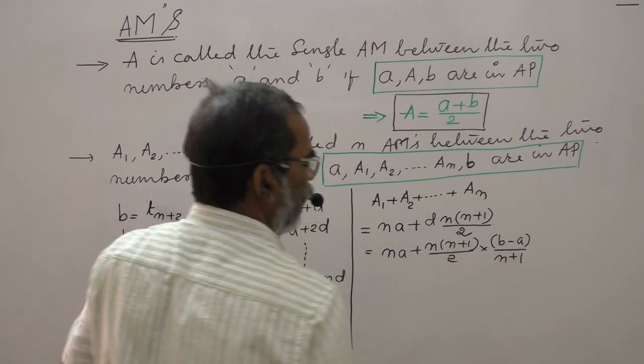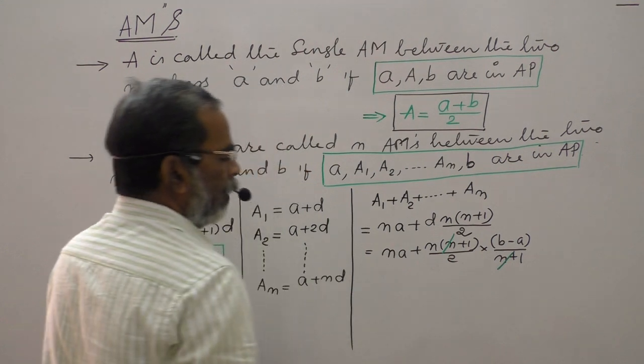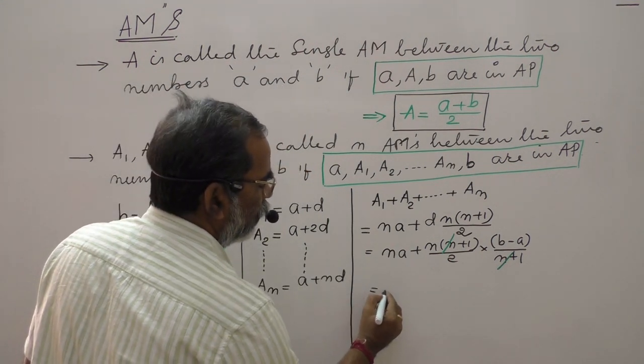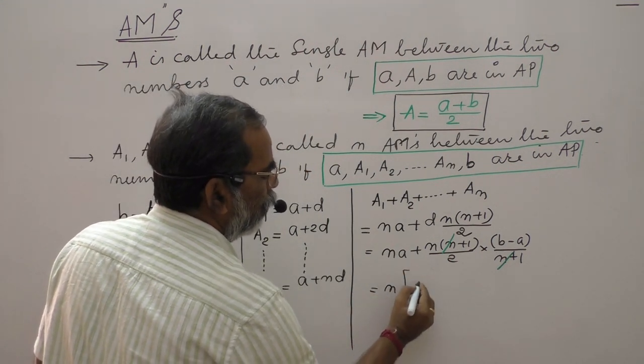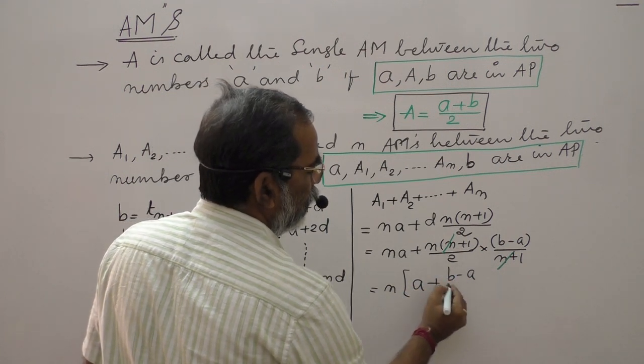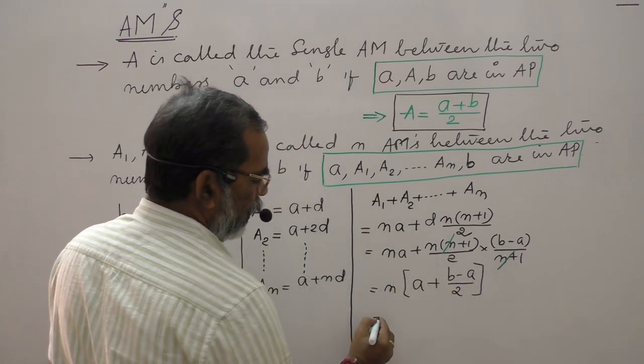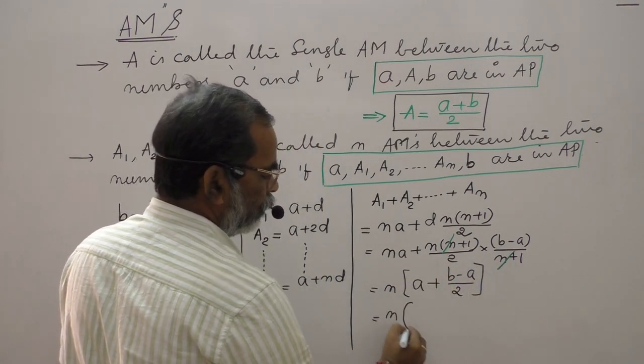So I can cut n plus 1 and n plus 1. Then I will take n common from this. If I take n common, I will have a plus b minus a divided by 2. Okay. Yes, let us simplify further.